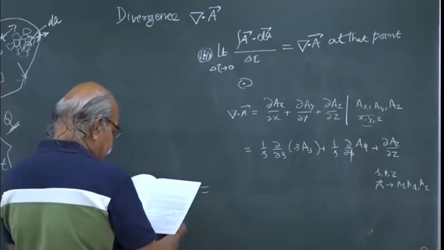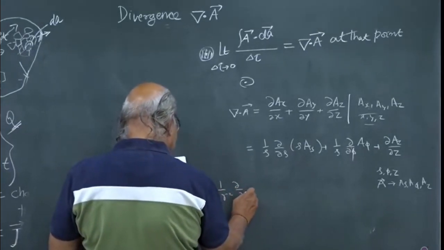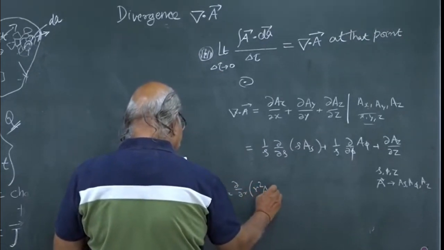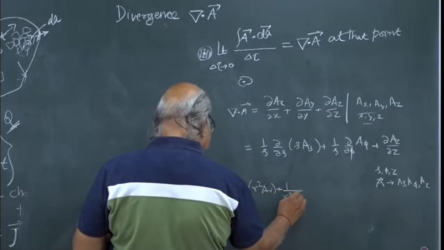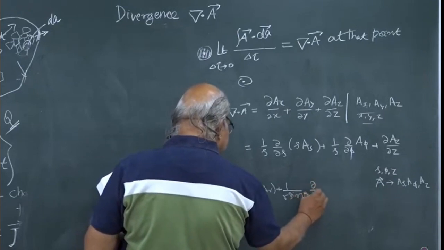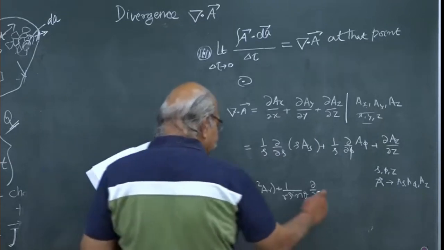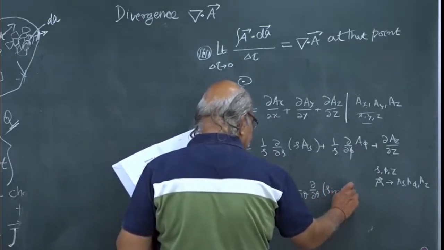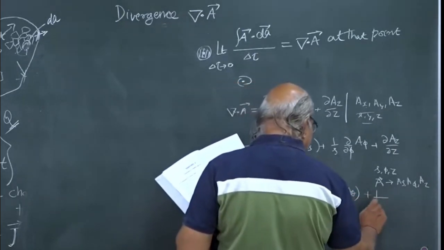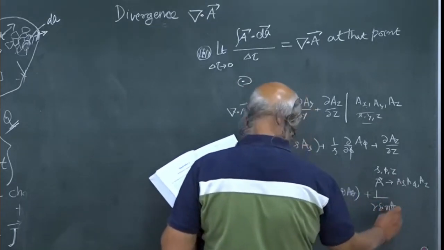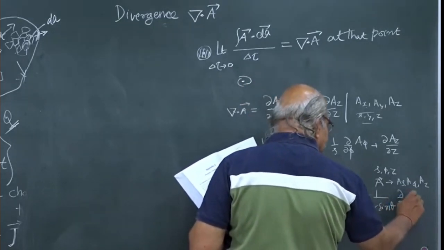If you are using spherical polar coordinates r, theta, phi, then it is a longer expression: 1 by r square del r of r square Ar, plus 1 by r sin theta del theta of sin theta A theta, plus 1 by r sin theta del phi of A phi.